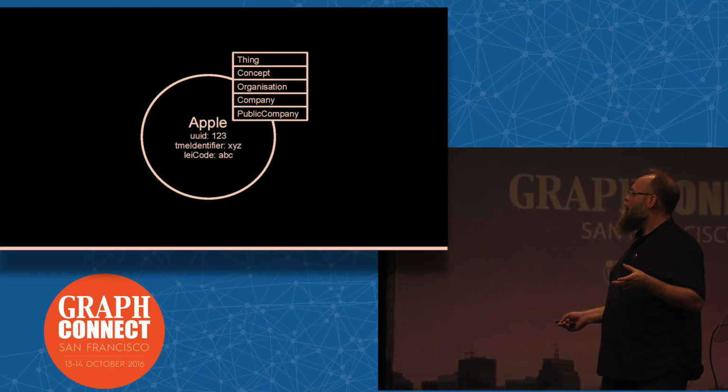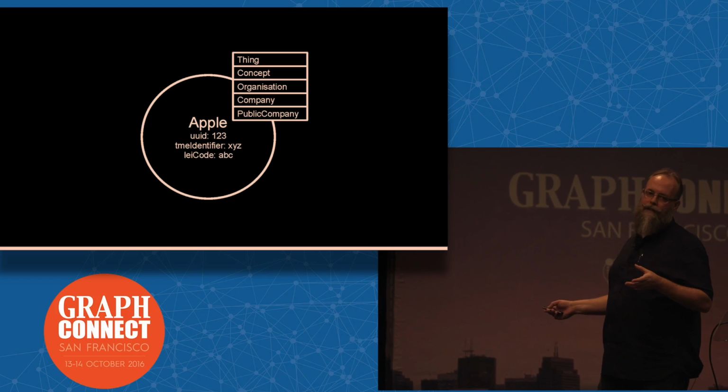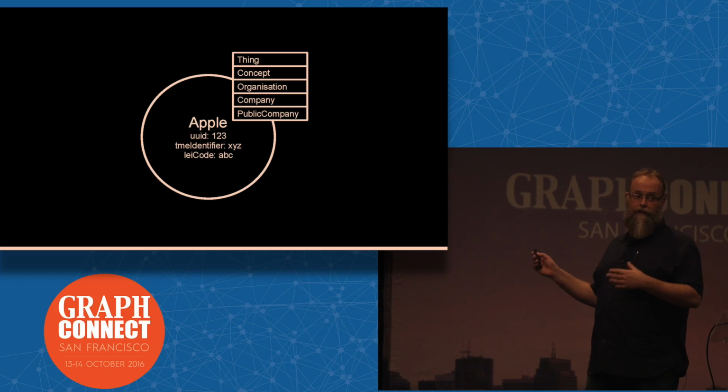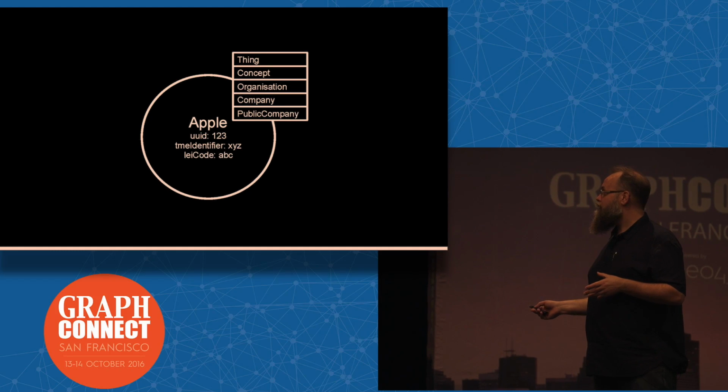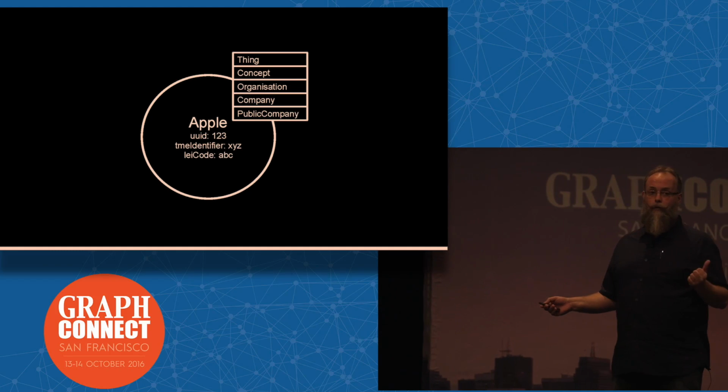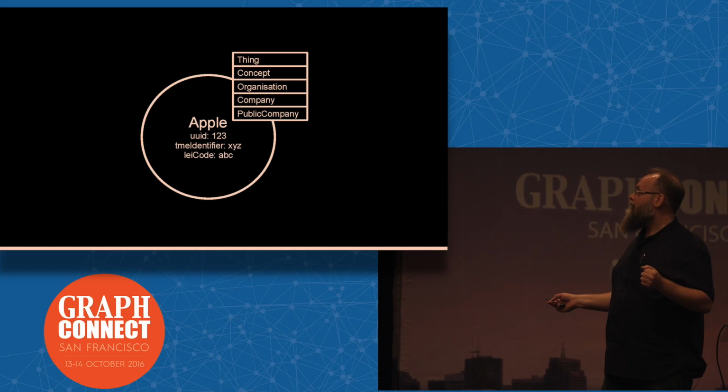And so we have a number of different things which identify our organization called Apple. Apple is a public company, which is a company, an organization, which is a concept in our system, and is also a thing. So that's a hierarchy of our nodes in our graph database, and I'll come on to why we use things like a thing in a few moments.